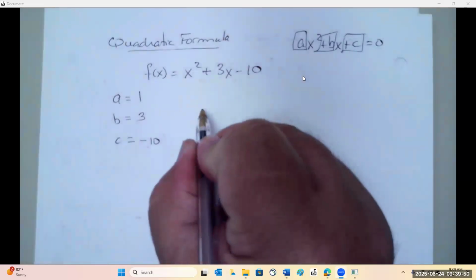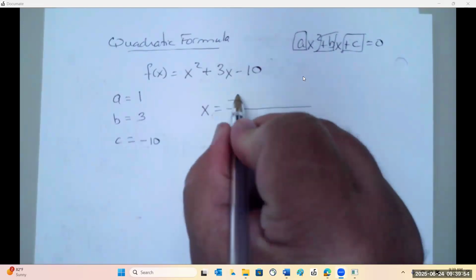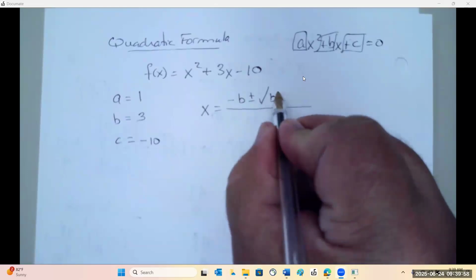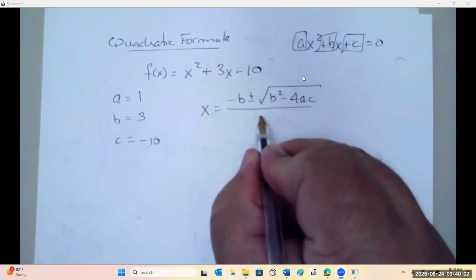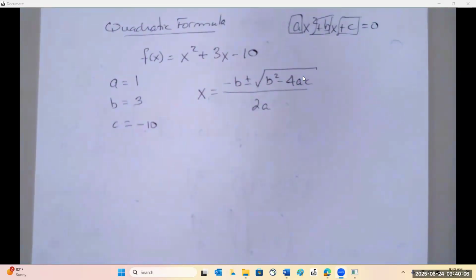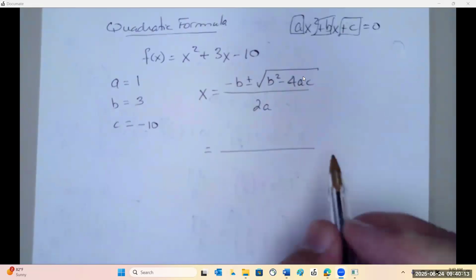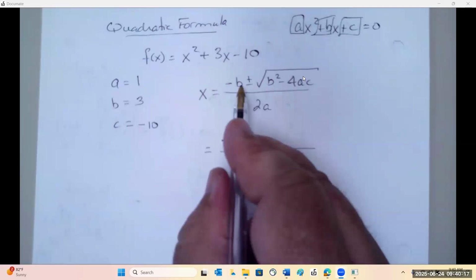Since we're using the quadratic formula, we now have to put down the formula. Negative b plus or minus the square root of b squared minus 4ac, over 2a. It's just a matter of plugging and playing now. So we have the negative. What is b?